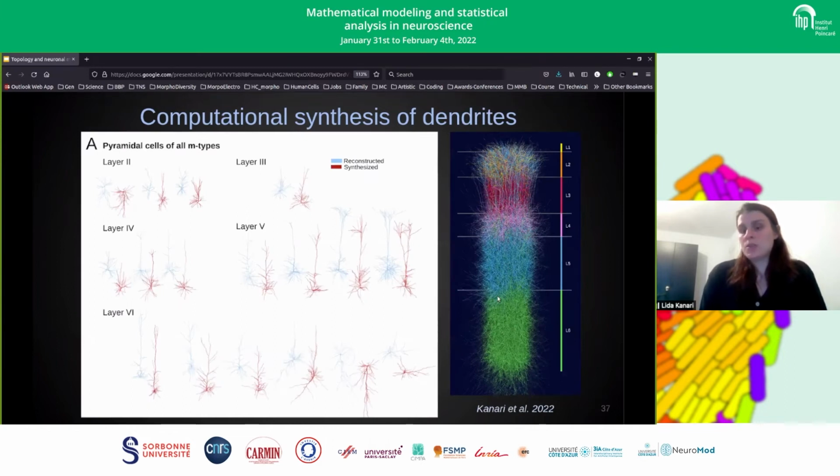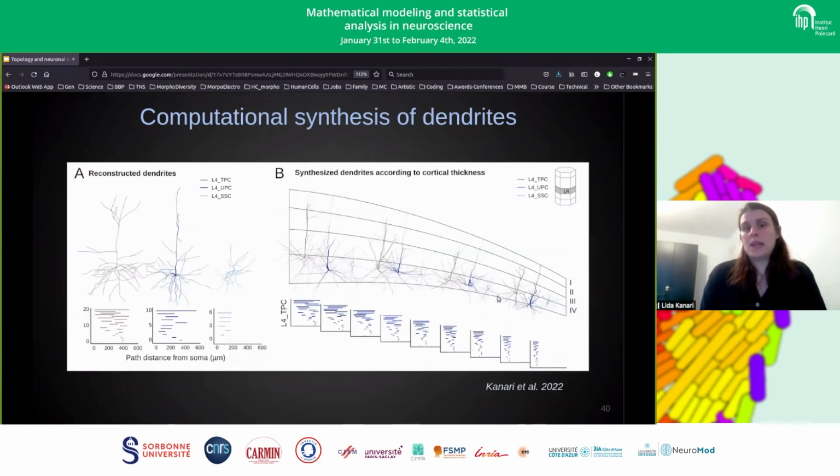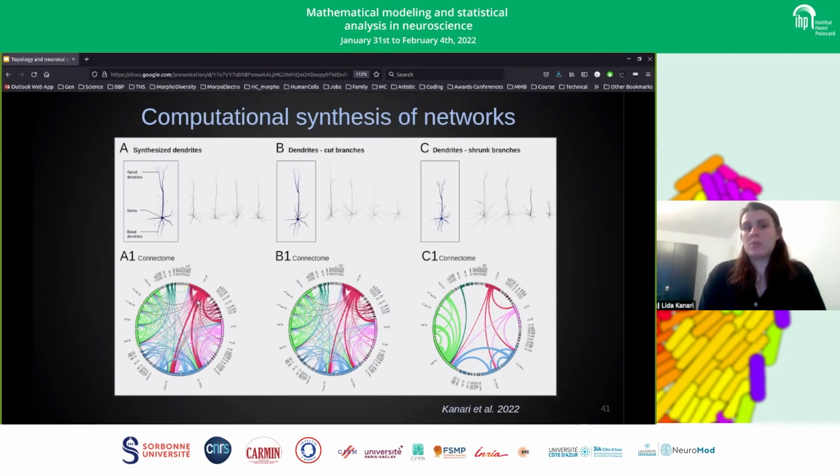This is the connectivity that we get from a cortical column, and this is the connectivity between all the cell types that compose this column. Now, one of the modifications we can do is to take these structures and cut branches and generate a column based on similar cell types, but with a smaller number of branches.